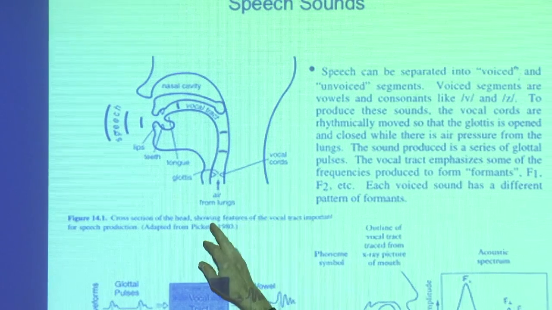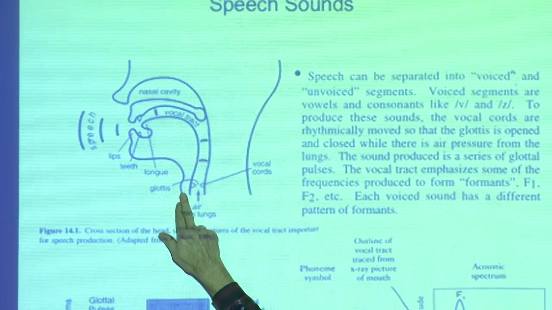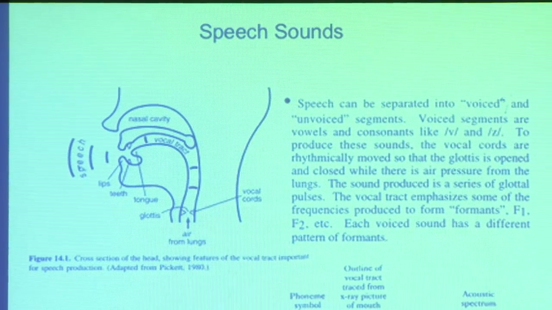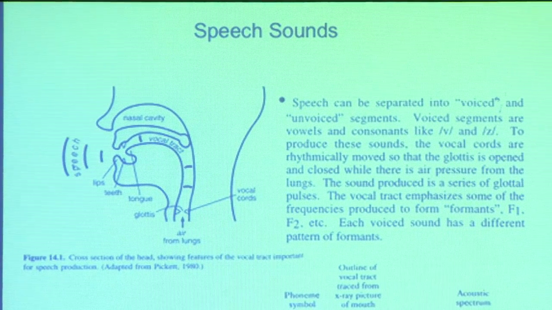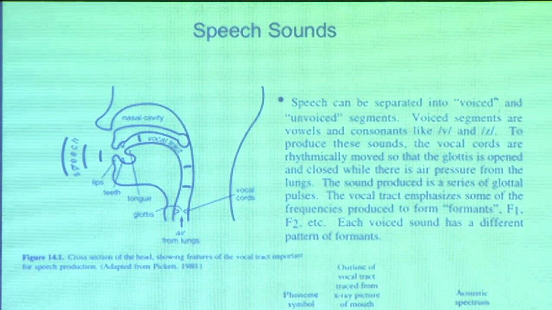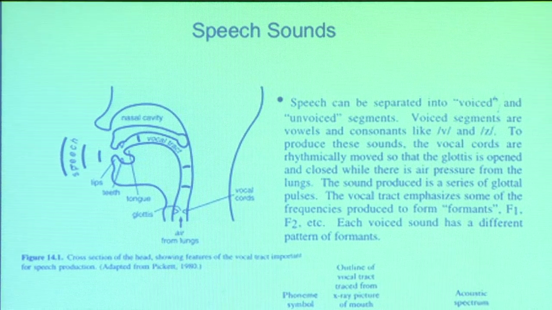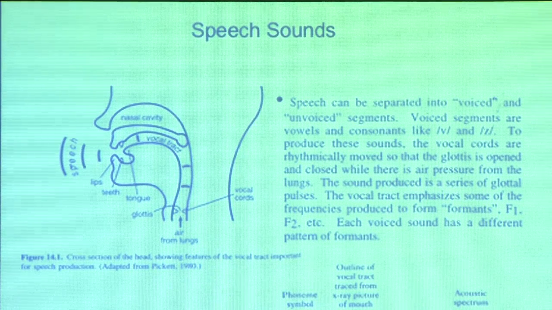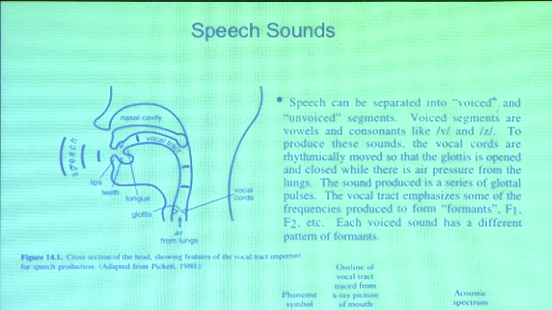Way down at the bottom here, you get air from your lungs that goes through your trachea, and in the trachea there are these vocal cords, if you will, and the opening in between is scientifically called the glottis. Okay, so air can come out, or if you use muscles associated with your vocal cords, you can close that off.